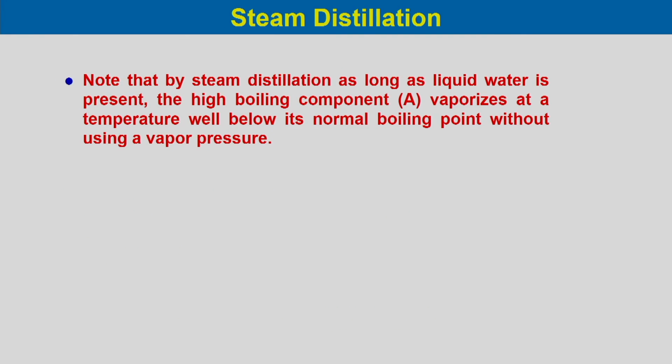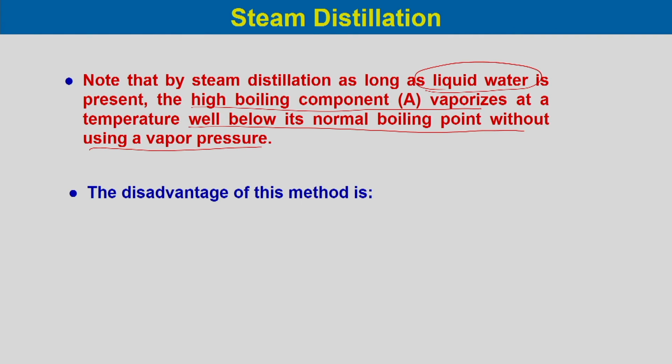Note that in steam distillation, as long as liquid water is present, the high boiling component A vaporizes at a temperature well below its normal boiling point without using a vacuum.